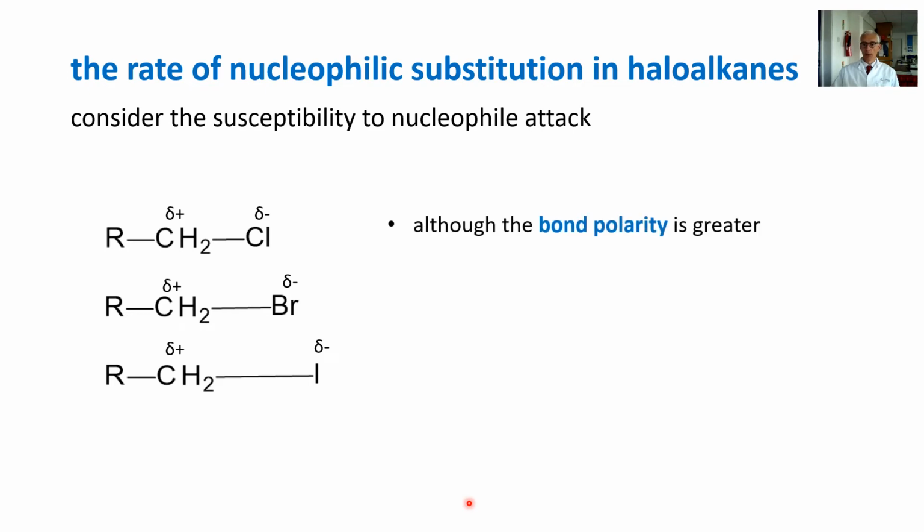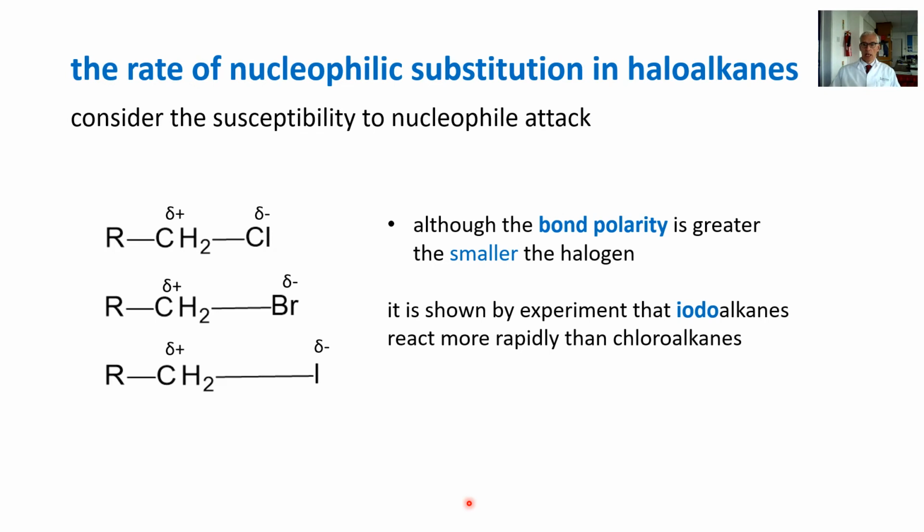Well, although the bond polarity on the chloroalkane is greater, as the halogen is smaller, you should have seen or carried out the experiment yourself and found that iodoalkanes react more rapidly than chloroalkanes. So the conclusion is that bond enthalpy rather than bond polarity is the deciding factor.